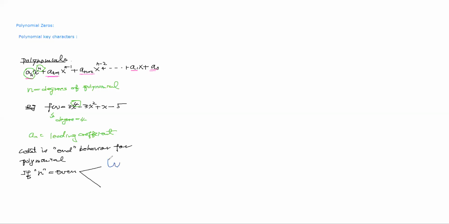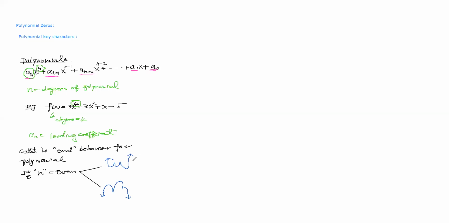Maybe you go like here, with both ends going up, or both ends going down. This is when the polynomial has an even degree.